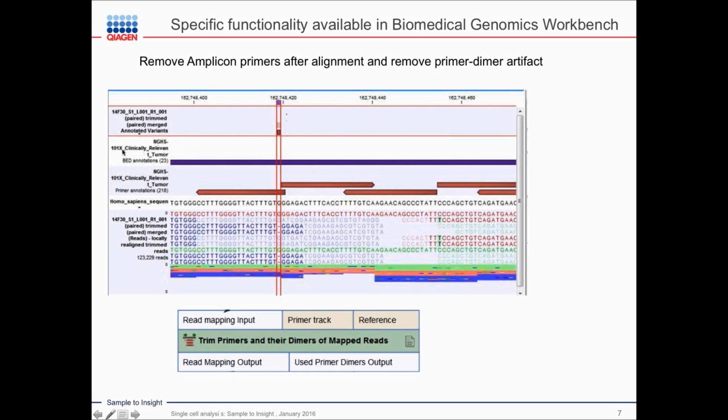So we're looking at one of the gene read panels, the 101X clinically relevant tumor panel. And this is showing you the region that you've targeted, as well as all of the primers that were used to create the amplification.